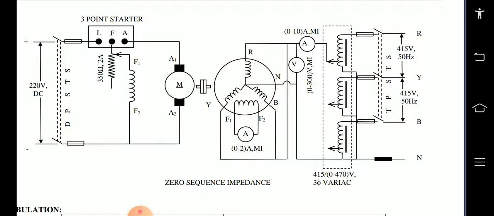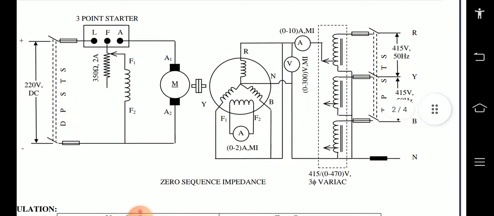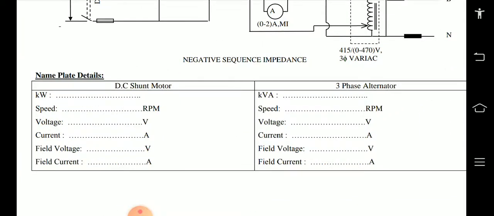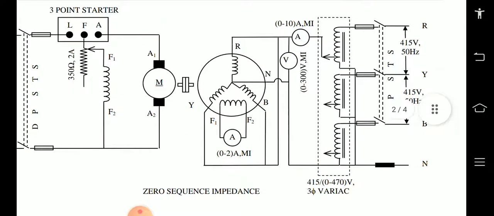And keep a point in your mind, that is you have to give the excitation up to the rated current of your alternator. So here it is 6.9 amps. From your nameplate details, the rated current of the three-phase alternator is 6.9 amps. So you have to adjust your auto transformer or give excitation till your rated current.